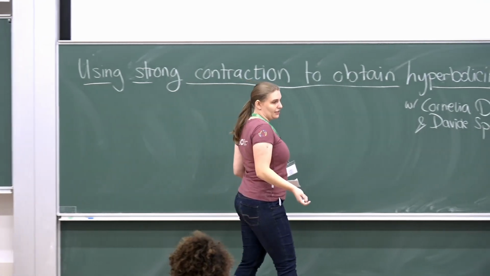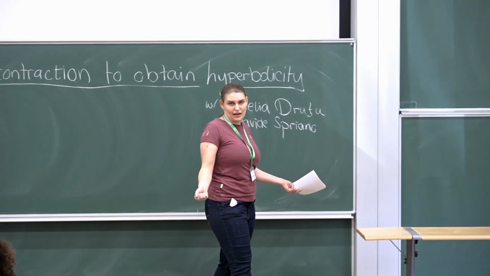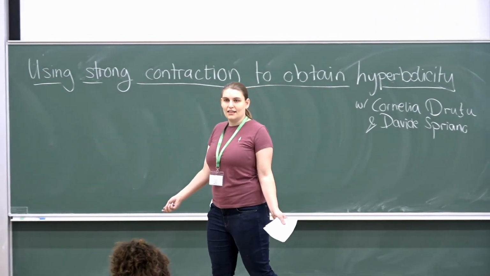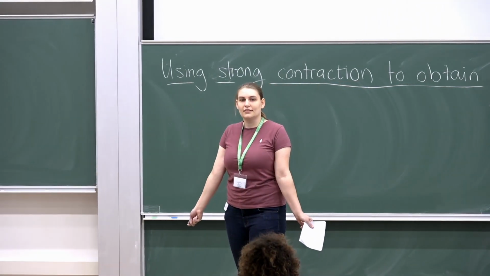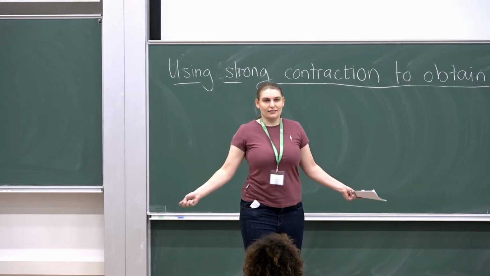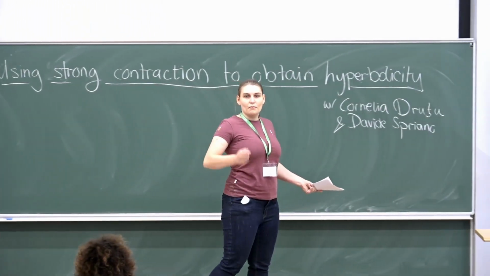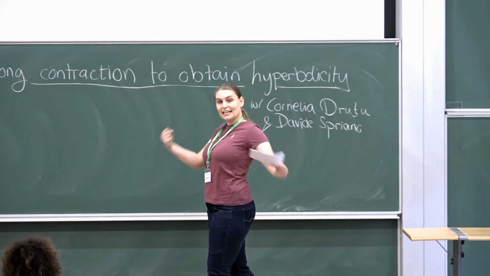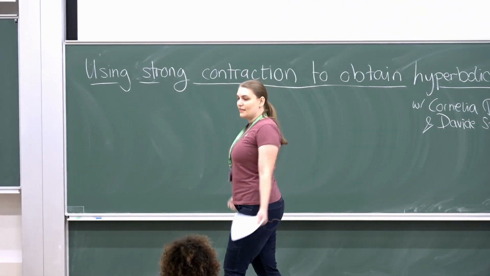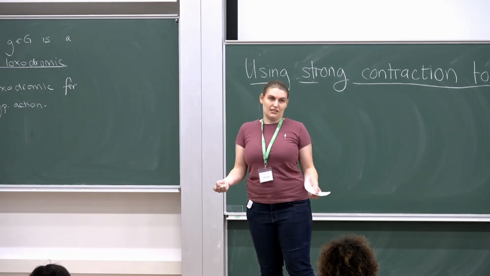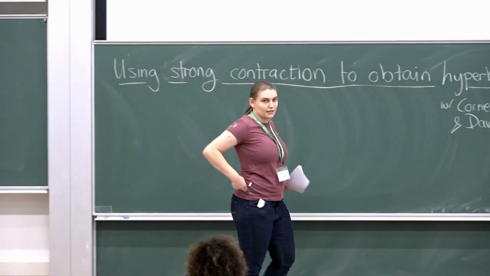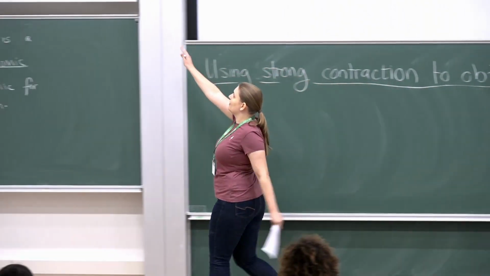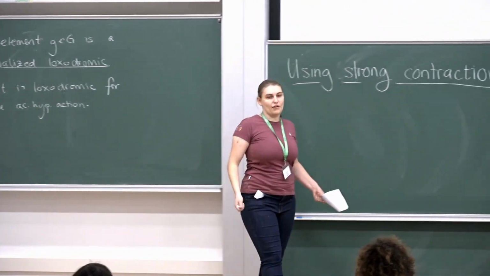If we have a group H, and we know it's acylindrically hyperbolic, and we have a finite overgroup G, is it acylindrically hyperbolic too? In general, we don't know. But if H had a largest acylindrical action, so a very nice acylindrical action, then we do know that G is also acylindrically hyperbolic. So somehow an acylindrical action is nice, but we want something more.